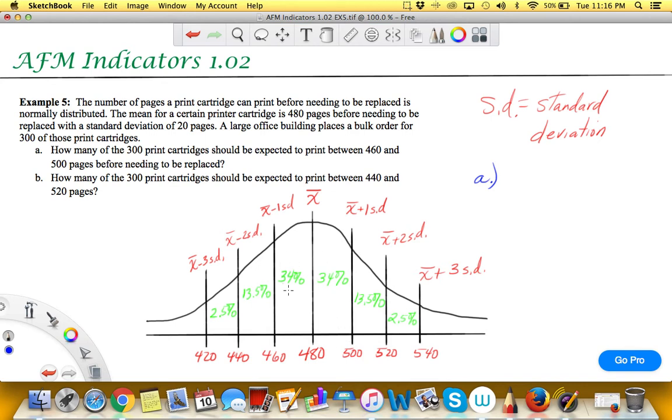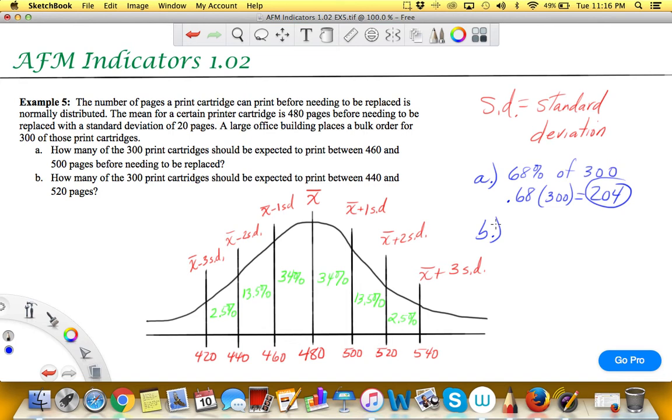If we notice that 34% plus 34% is 68%, this says 68% of 300 cartridges will print between 460 and 500 pages. If we just take that 68%, multiply it by 300, we will simply get 204. So 204 of those cartridges will print between 460 and 500 pages.